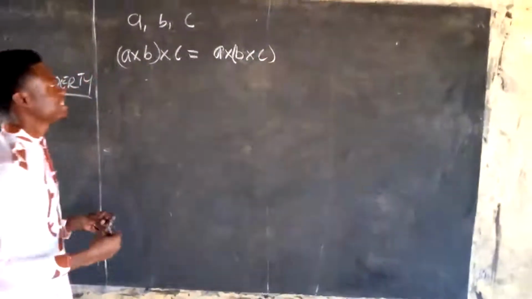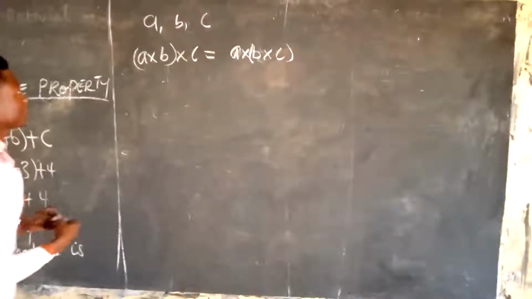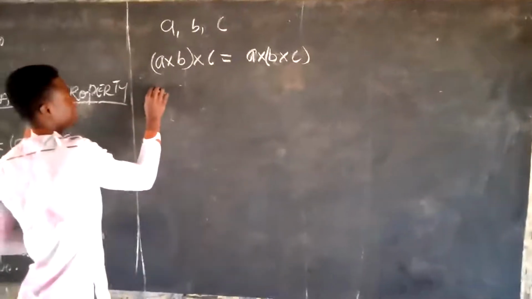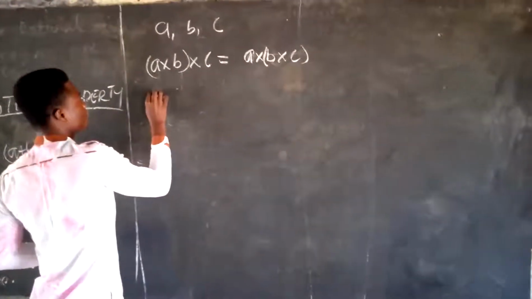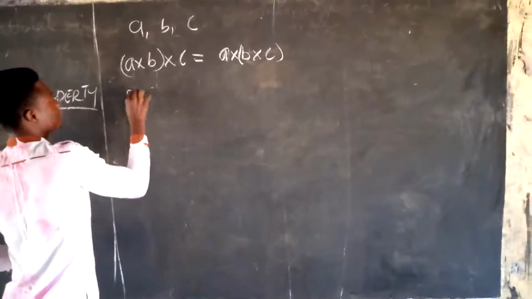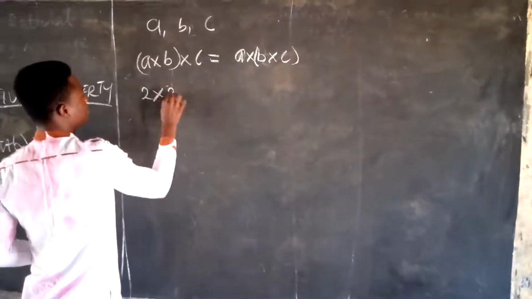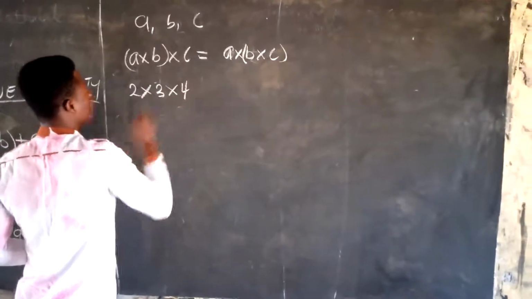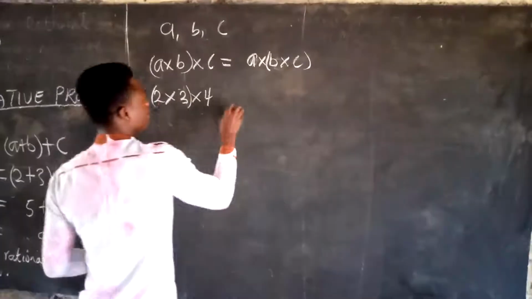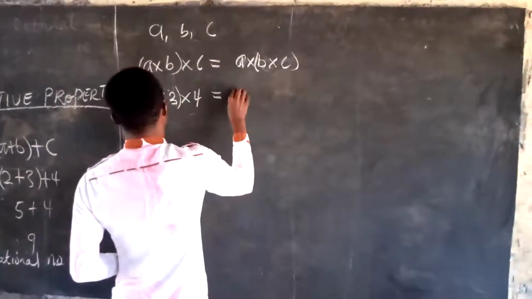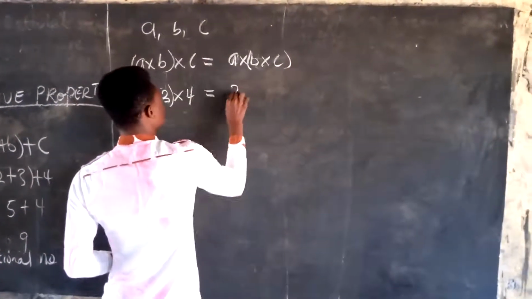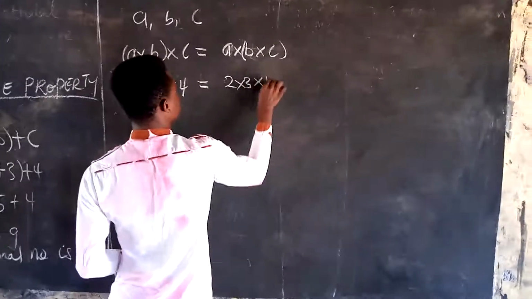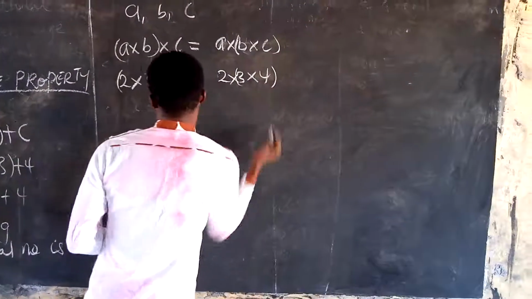We conclude by saying that it's associative. Let's see something here. Let's say we are using 2 times 3 times 4, which should be equal to 2 times 3 times 4, like this.